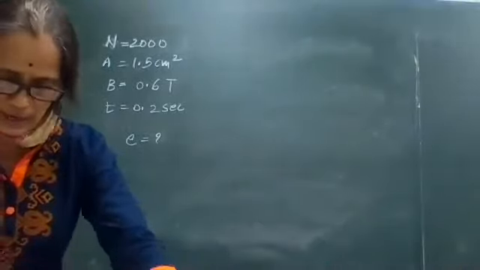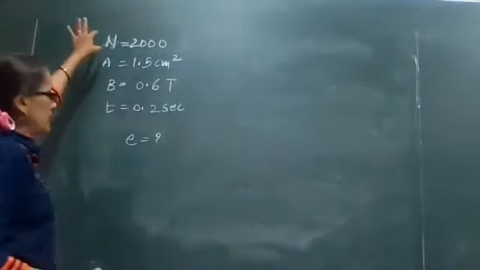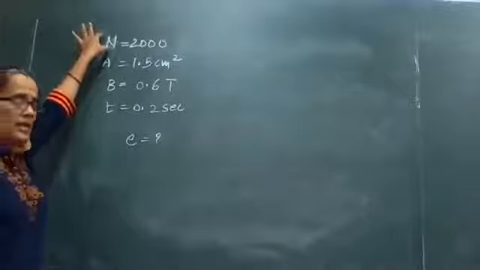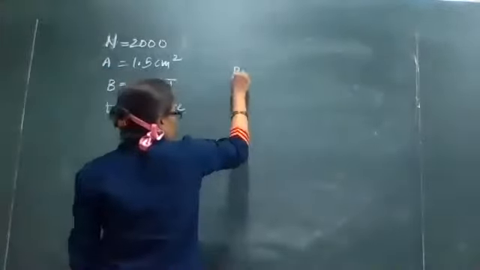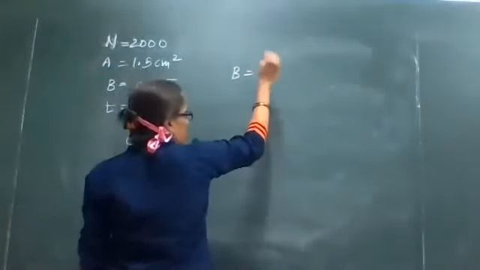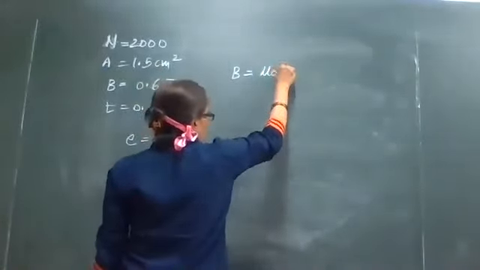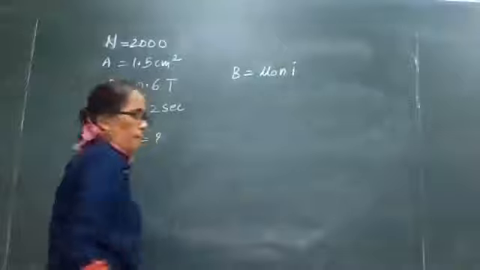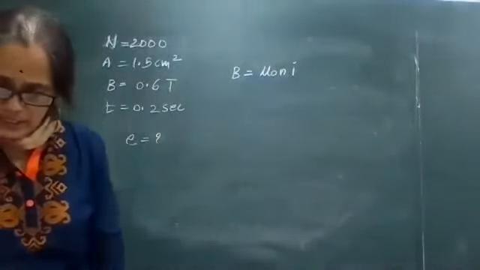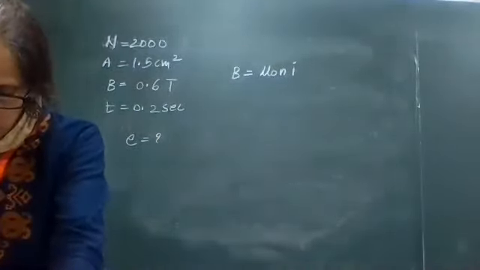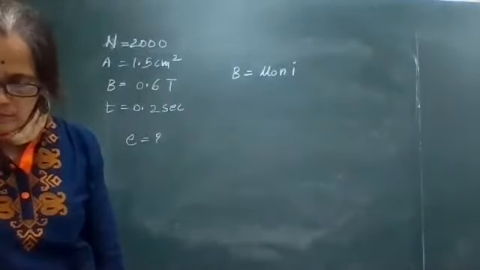you have a formula for the magnetic induction inside the solenoid, which is mu0 and I. Fine?